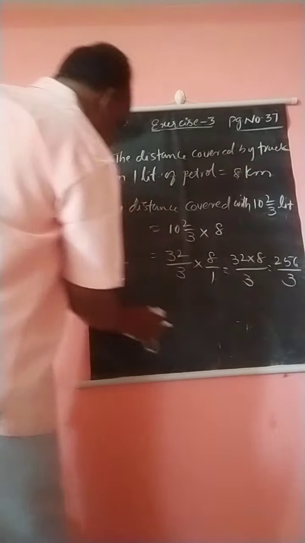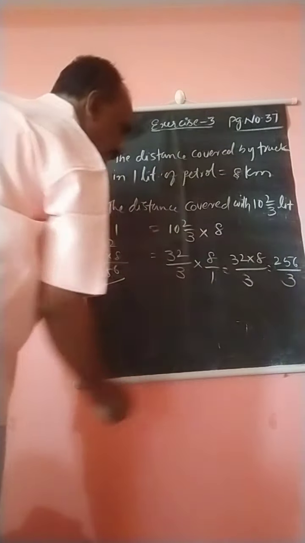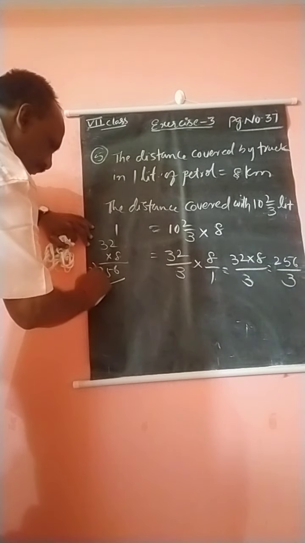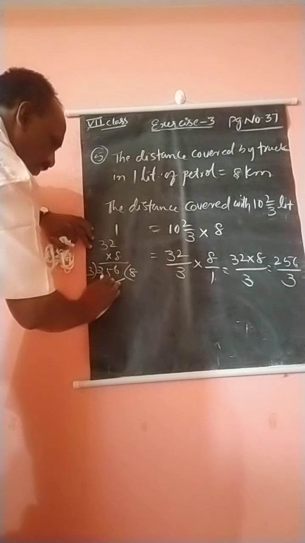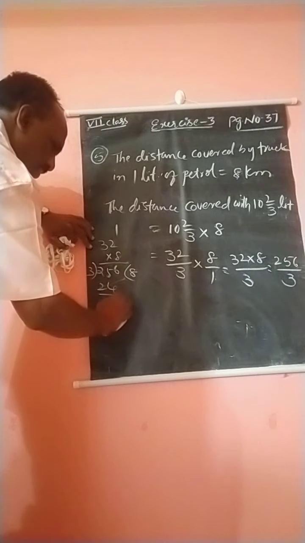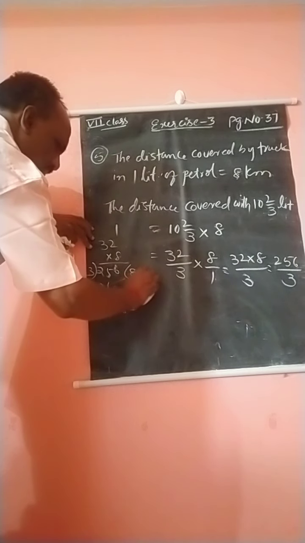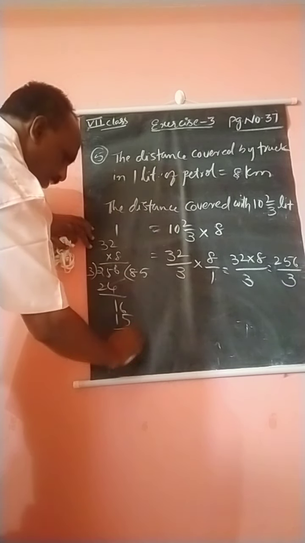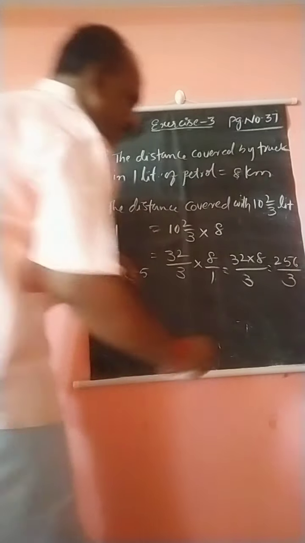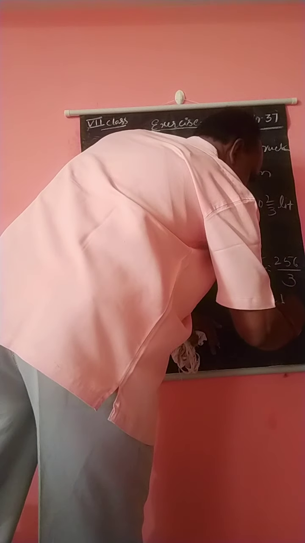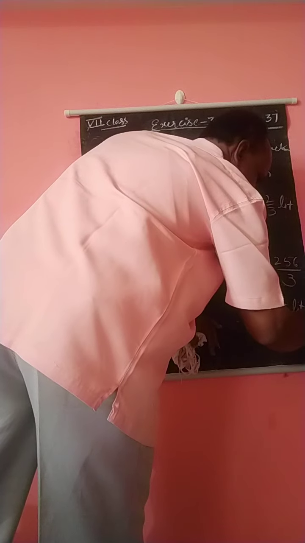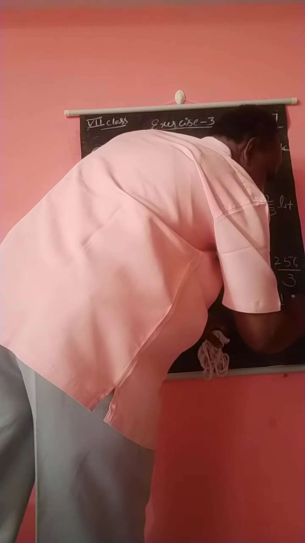Again we can change it to a mixed fraction. 256 by 3: 3 eights are 24, 1 is the remainder, bring down 6. 3 fives are 15, remainder 1. 85 1 by 3 kilometers.